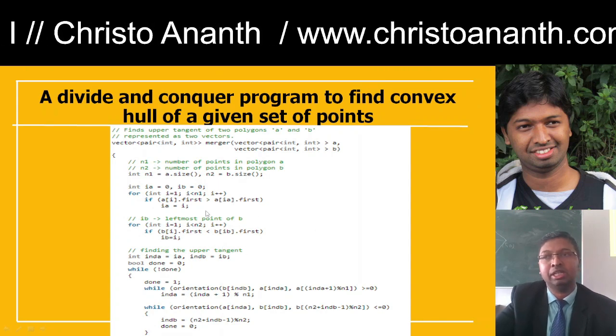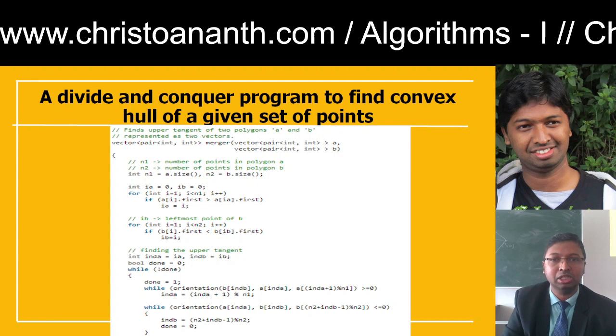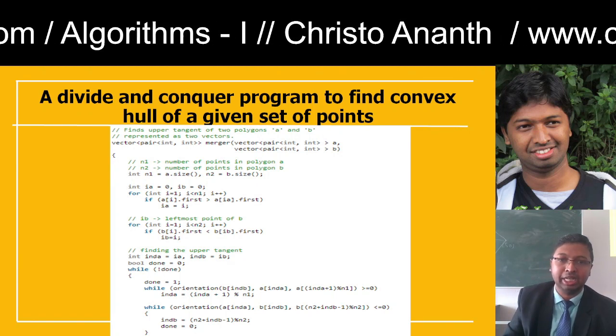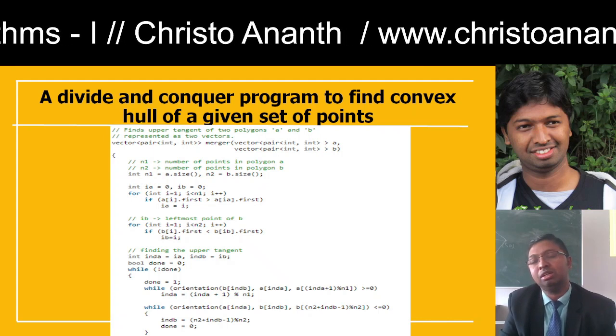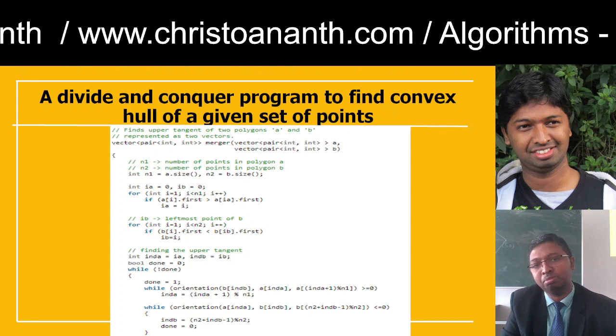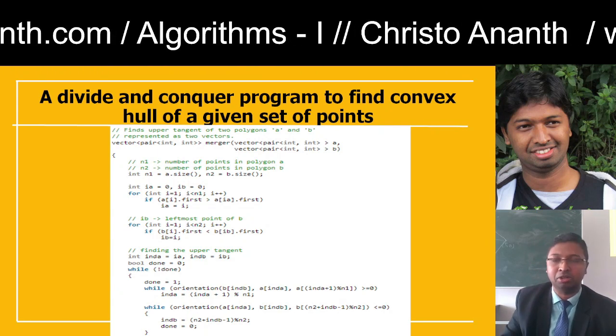Then you find the upper tangent for the two polygons. So vector<pair<int, int>>, the merger you're going to have. n1 is nothing but the number of points in polygon A, and n2 is the number of points in polygon B. So n1 is equal to a.size, n2 is equal to b.size. You have int ia equal to 0, ib equal to 0, you initialize.